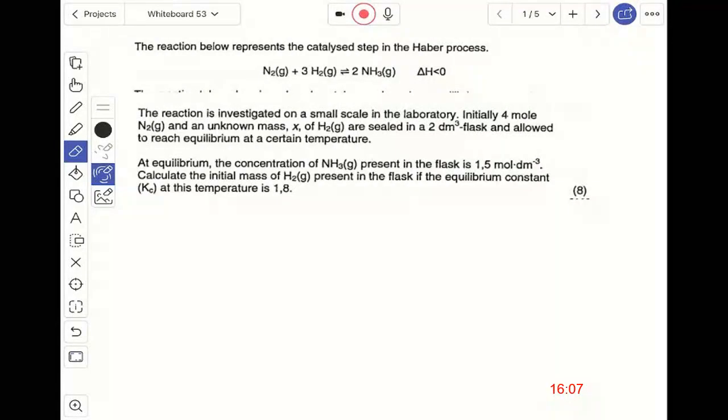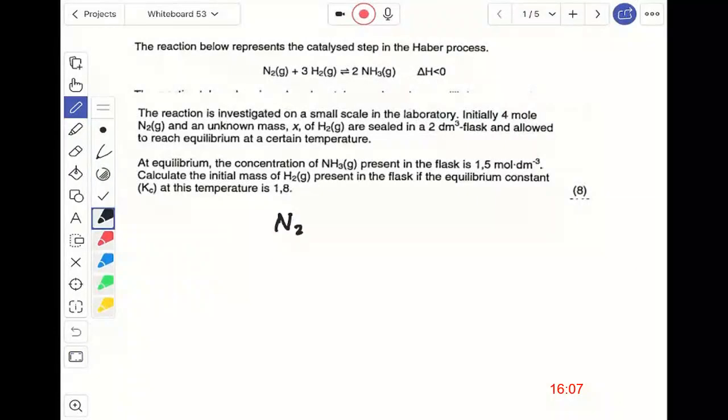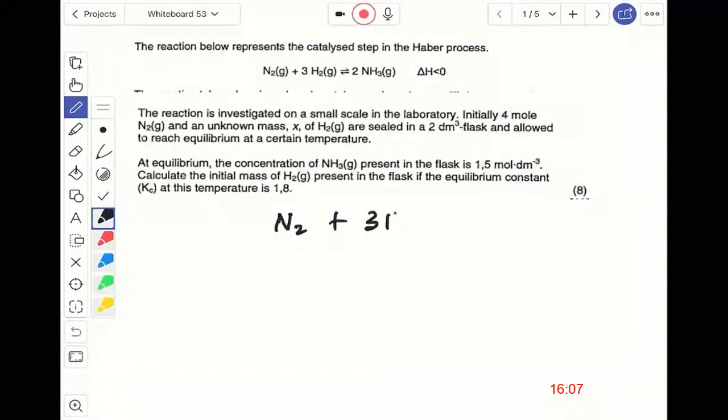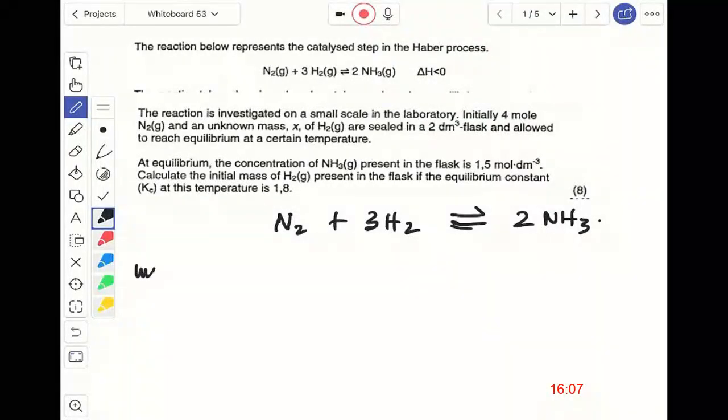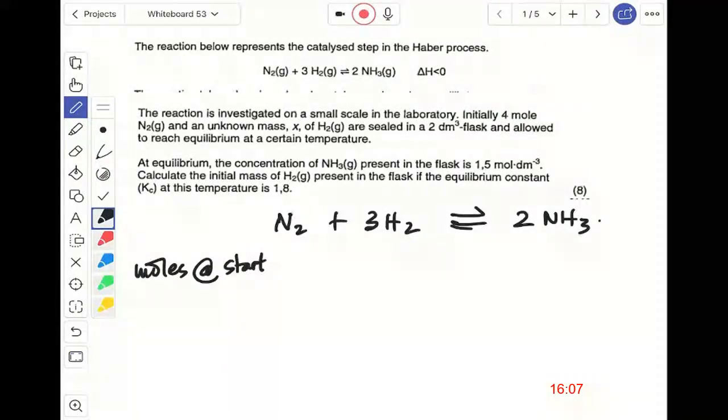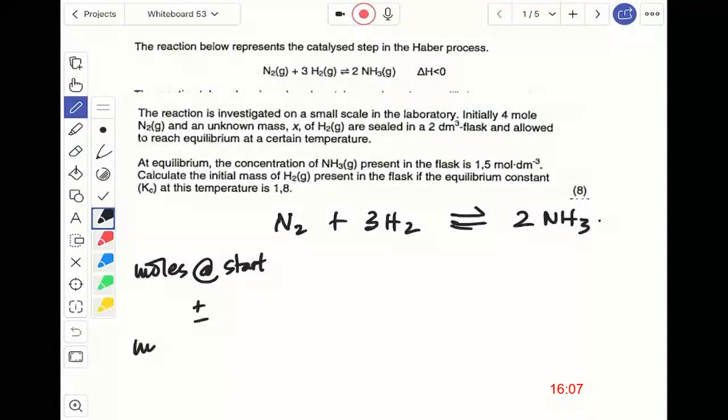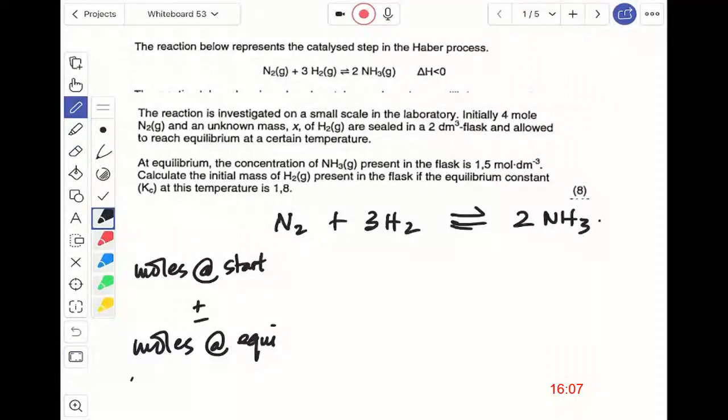Right, so I'm going to write nitrogen plus 3 hydrogen goes to 2 ammonia. And we write that so that we can see the mole ratio. So we're going to have moles at start, plus minus moles at equilibrium, and concentration at equilibrium.